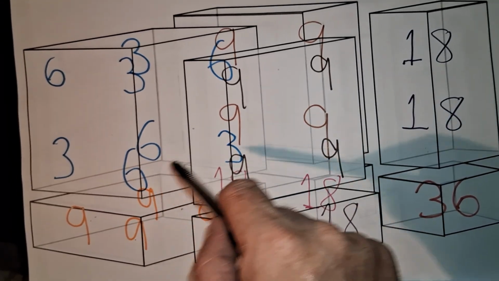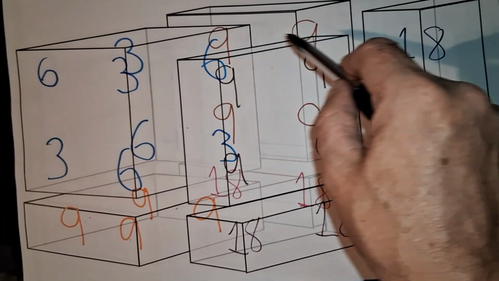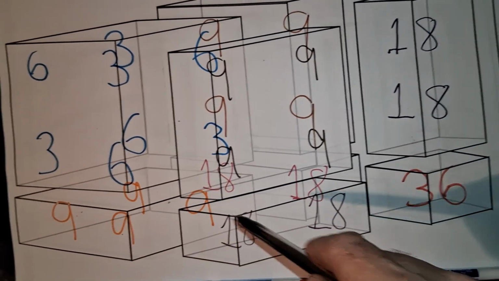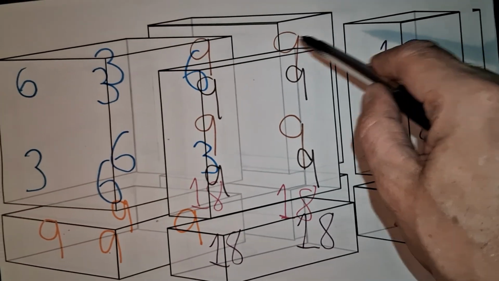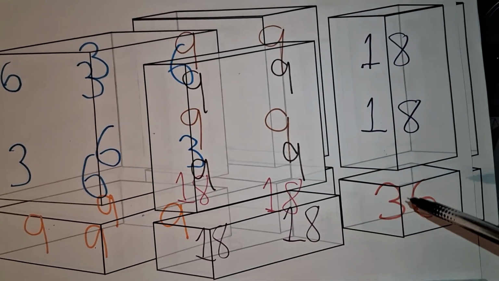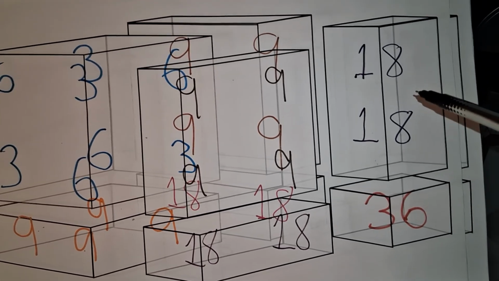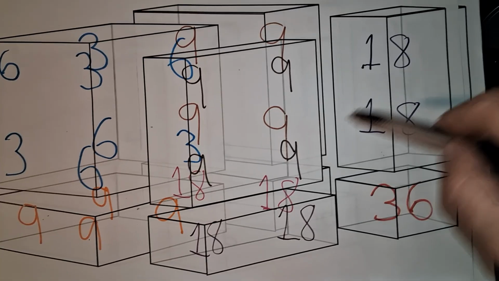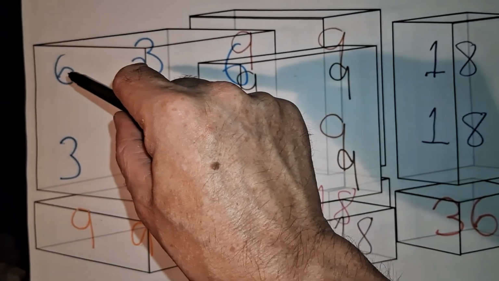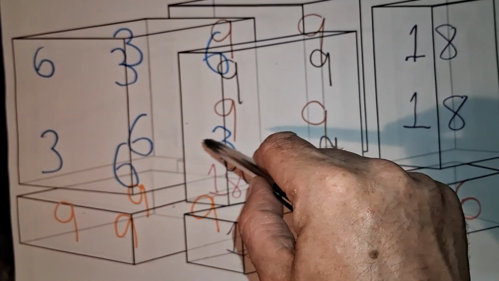And these other slabs, 9, 9, 9, 9, 9, 9, 9, 9, which comes out 18, 18, 18, 18, and 18, 18, which they all converge to here, which is 36. You'll find that 18 and 18 is 36, 18, 9, 9, 9, 9 is 36, and 6, 3, 3, 6, 6, 3, they're all 36.